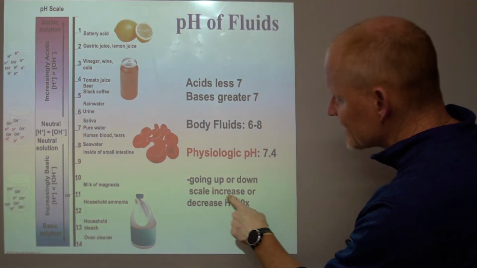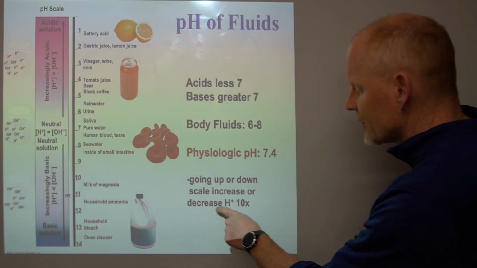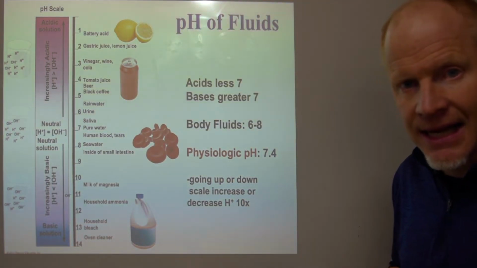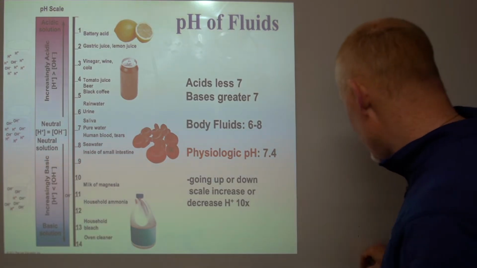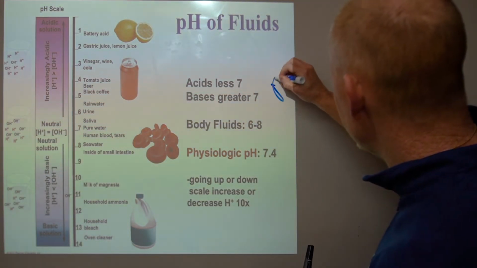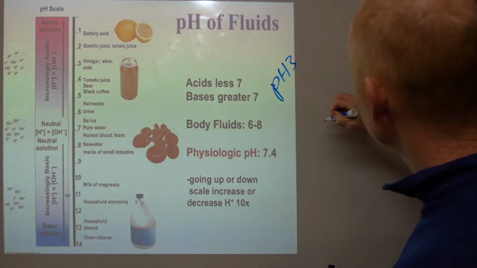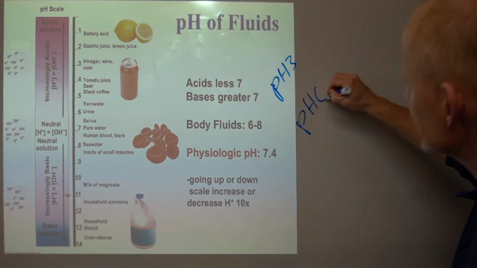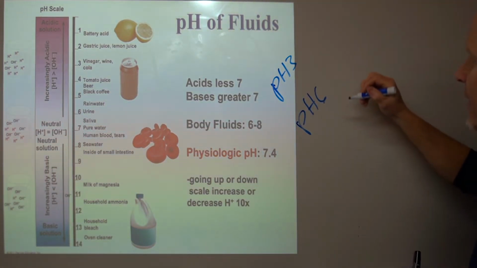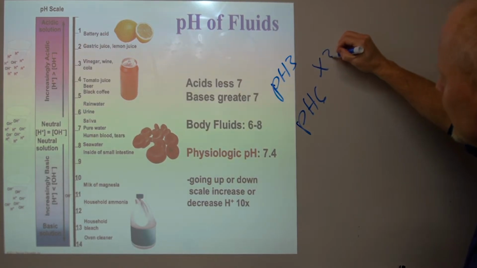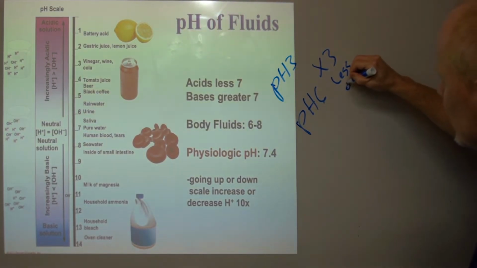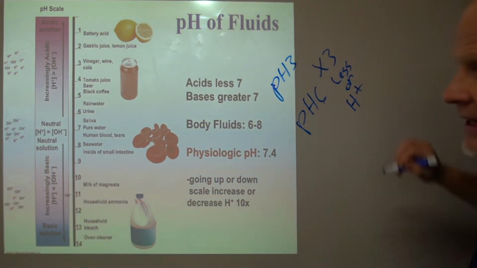Remember, going up and down the scale by 1 increases or decreases protons by 10 times, right? So for example, just so everybody understands, a pH of 3 versus a pH of 6 doesn't mean that you have 3 times, right, less or more hydroxides, right?